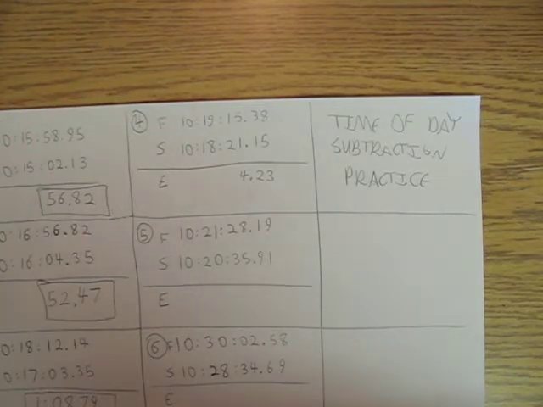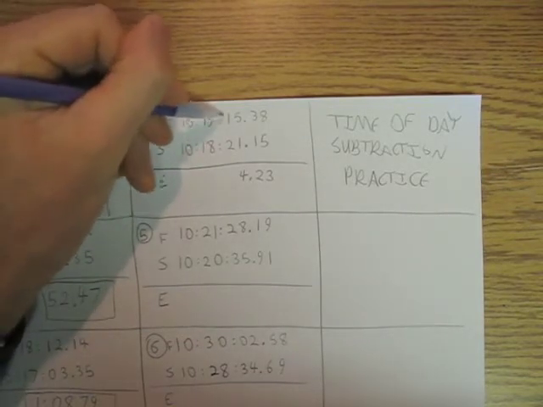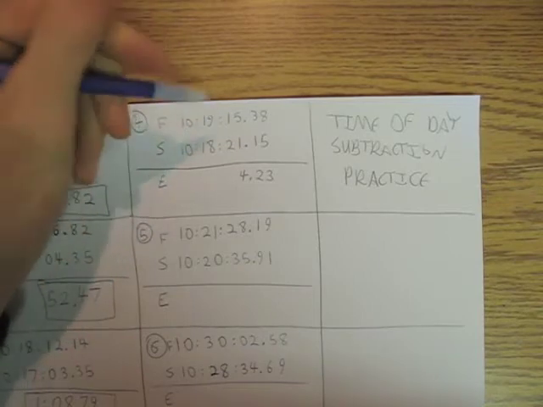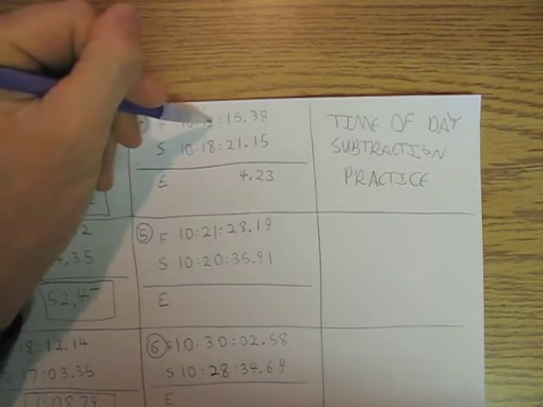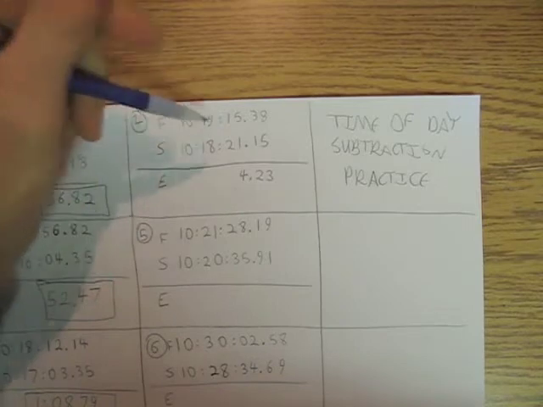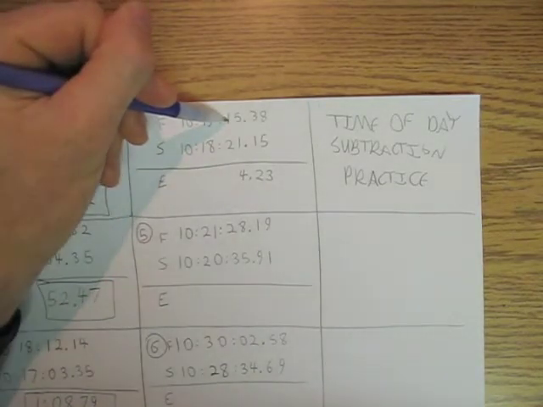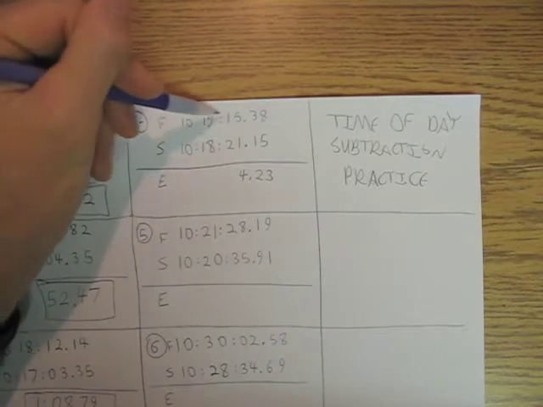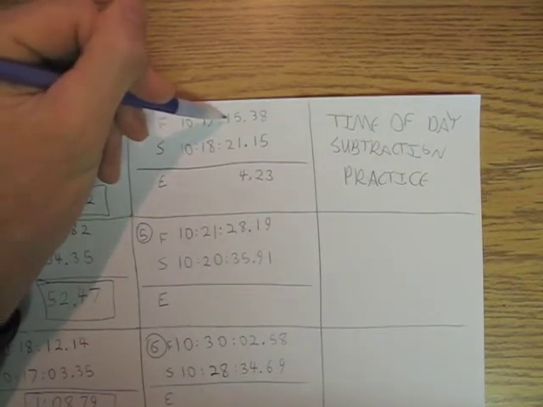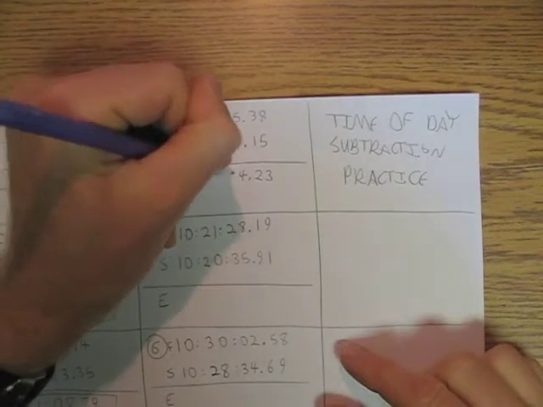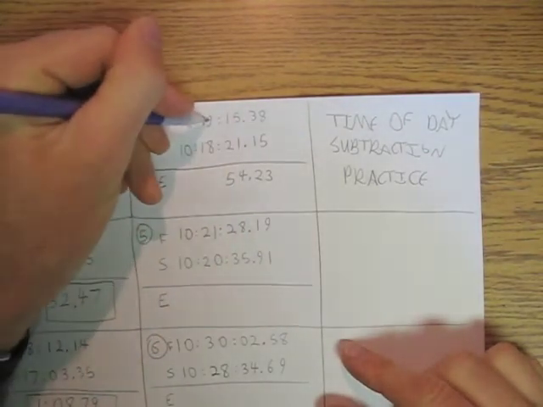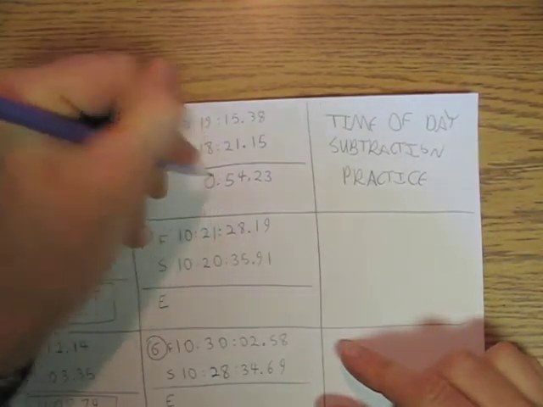No, I do not pull a 10 over. That's a colon. You pull 6's over the colon, not 10's. So that 1 becomes a 7. So 1 plus 6 is 7. 7 minus 2 is 5. And then that becomes an 8. So that becomes a 0.